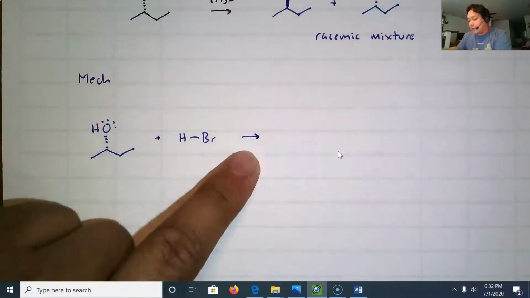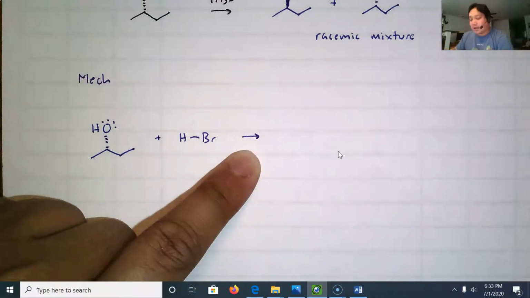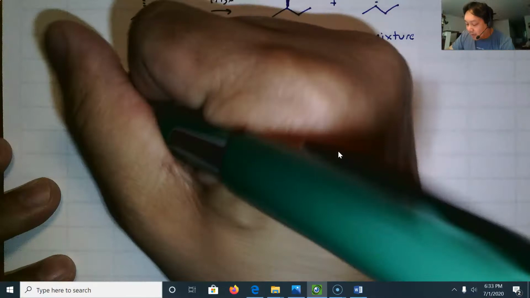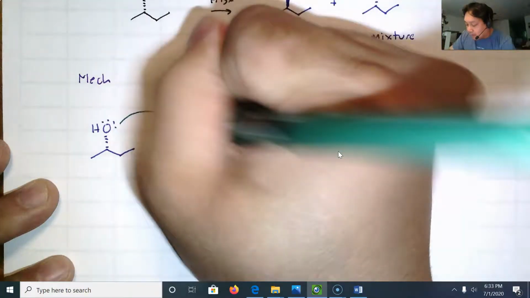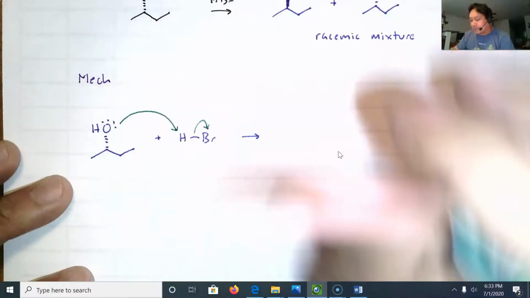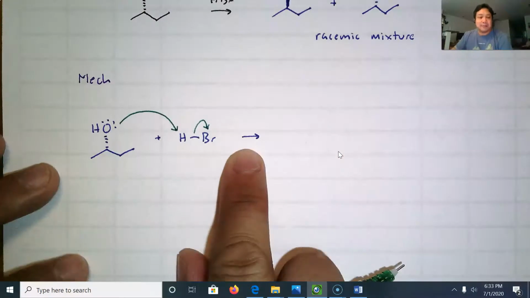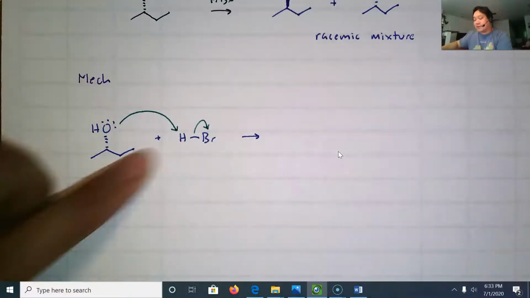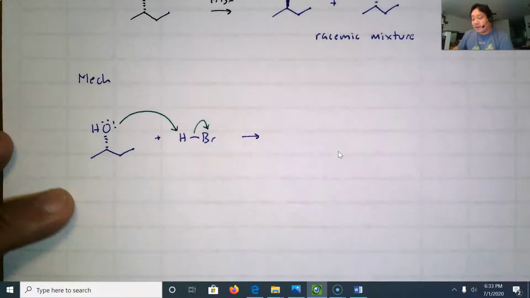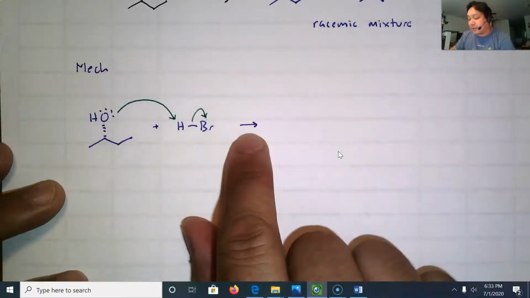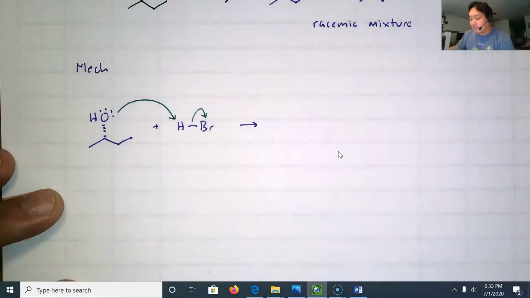Some professors like to use equilibrium arrows. For me, it doesn't really matter. For my class, I would just go ahead and write a regular arrow. Proton transfers are typically reversible. That's why some people would like to use equilibrium, but again, for me, it doesn't matter that much.